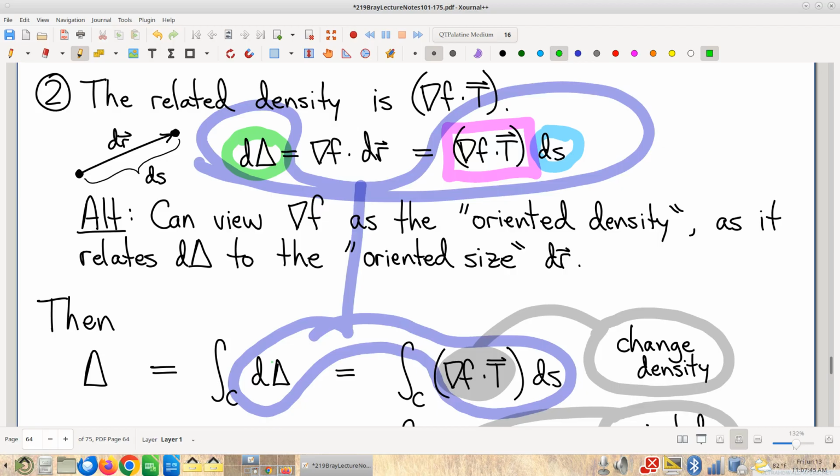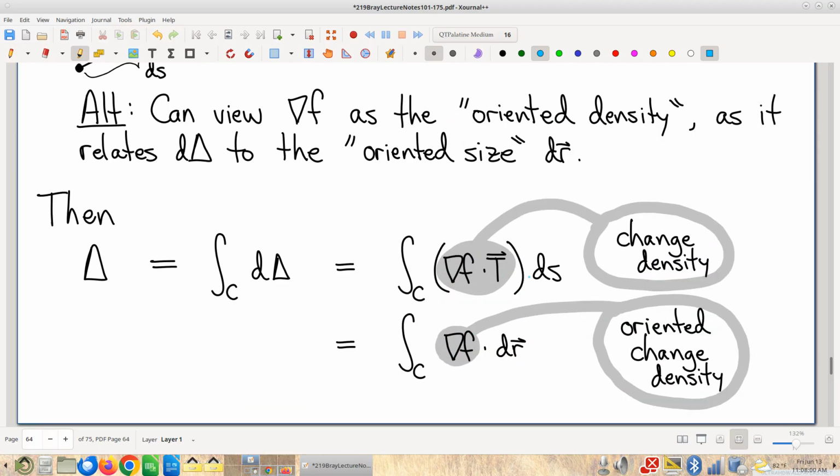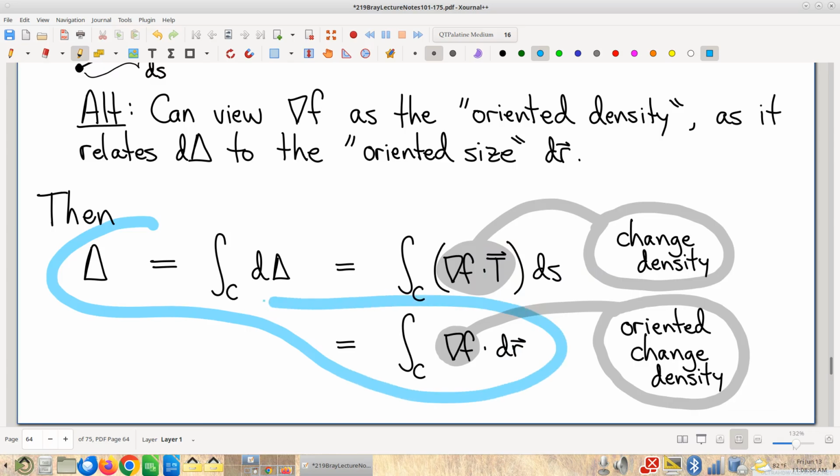So we've got change is change density times size. So just plugging that in, and then, let's pull our little fast one again, and let's remind ourselves that T ds is dr, and out comes our theorem. Change is an integral of a gradient, as stated.